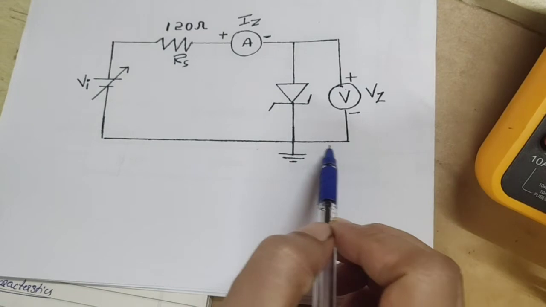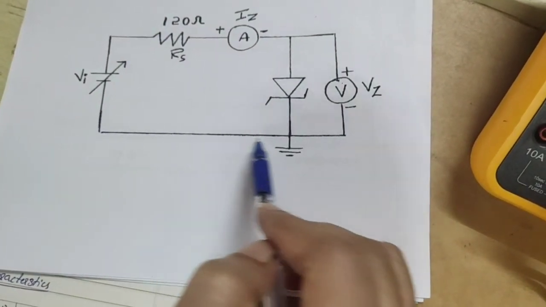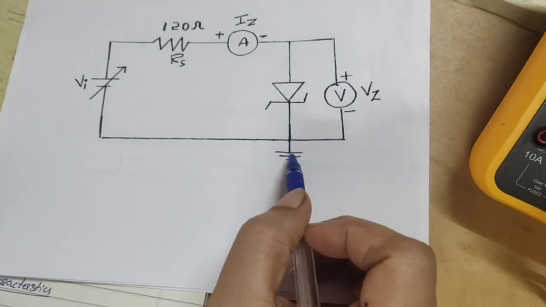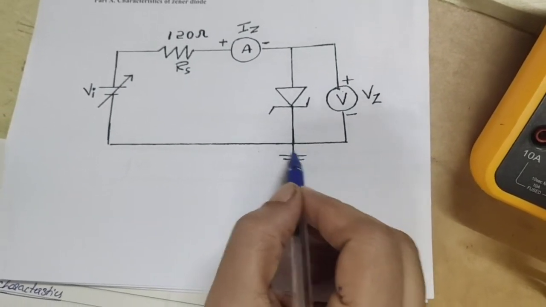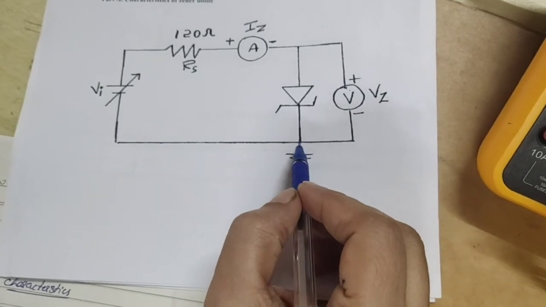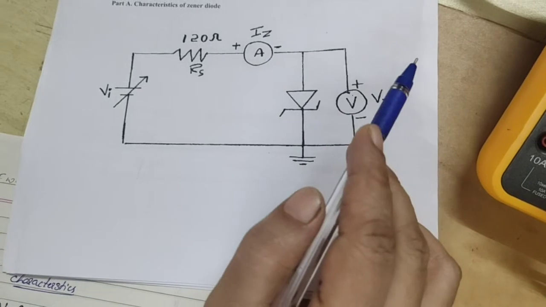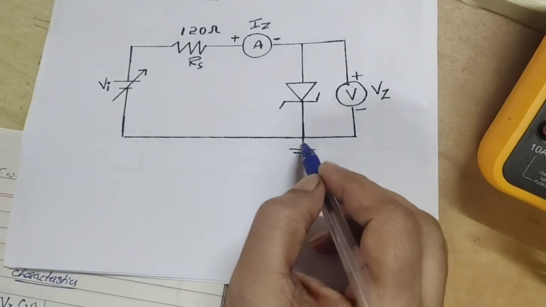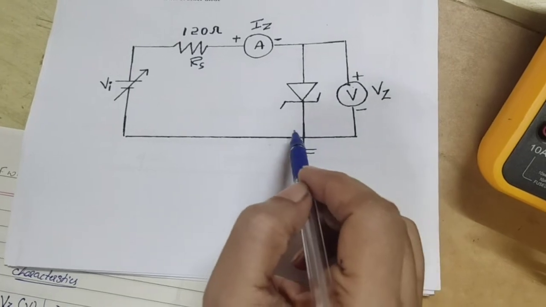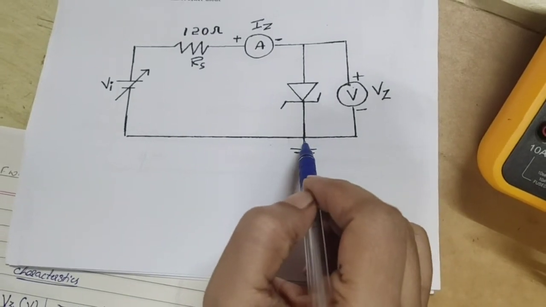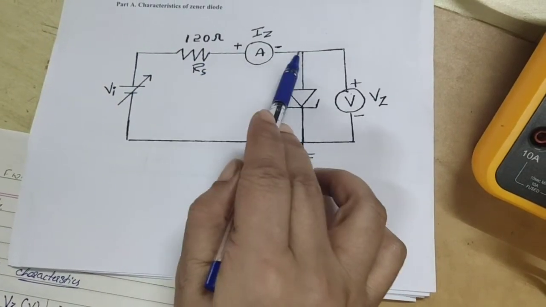The negative of the voltmeter, negative of the Zener diode, and negative of the voltage source are connected to a common point, and that is called the ground point. That means ground is the point with respect to which you are measuring the voltage at any point in the circuit. Ground is not earthing. I repeat, ground is not earthing. It is a common reference point with respect to which you are measuring the voltage at any other point in the circuit.